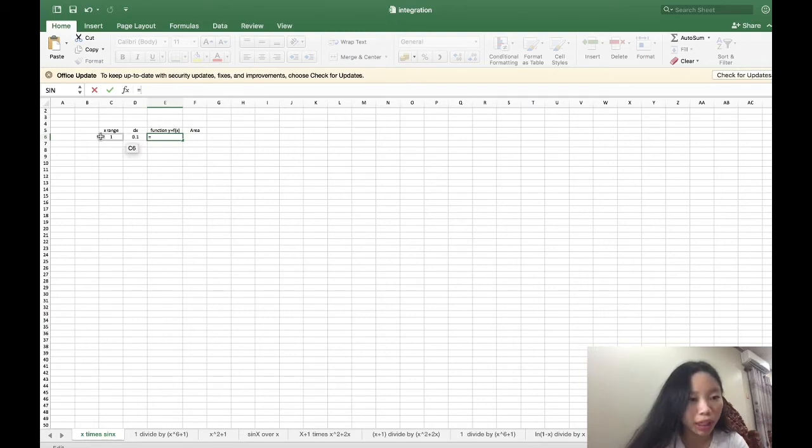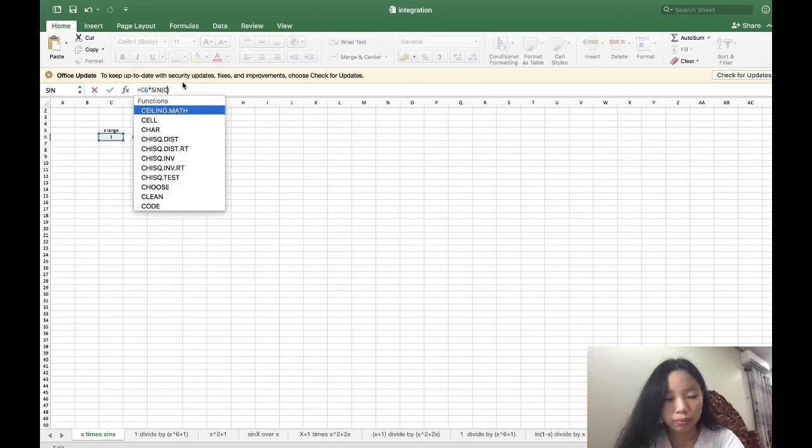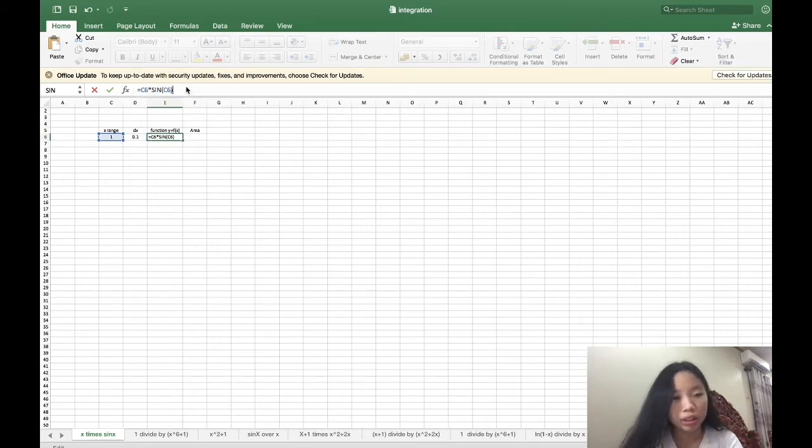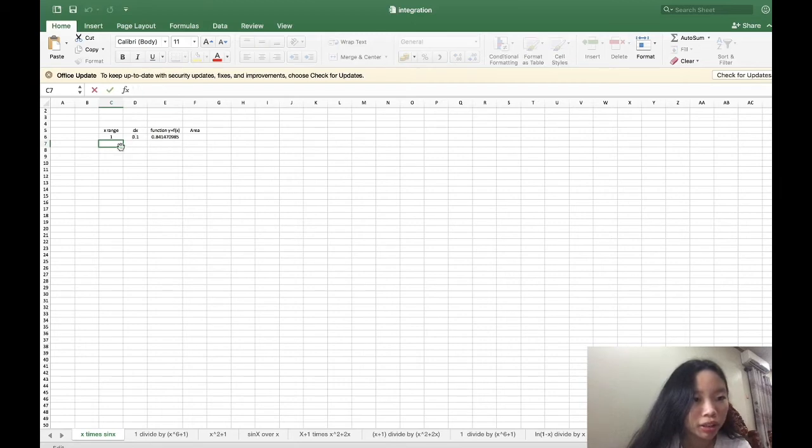Then substitute x by this one, C6 times sin C6. Enter. Microsoft Excel will calculate this by itself. So this one, since our gap is 0.1, should be 1.01. So these two plus together in order to find this.